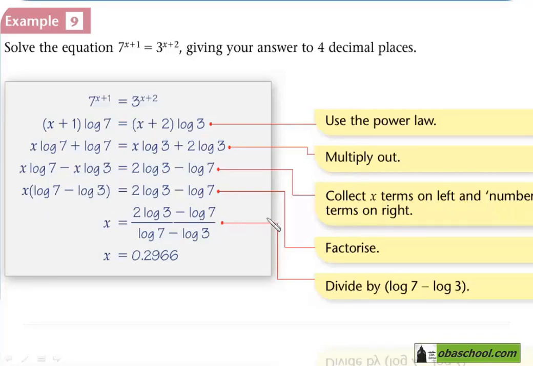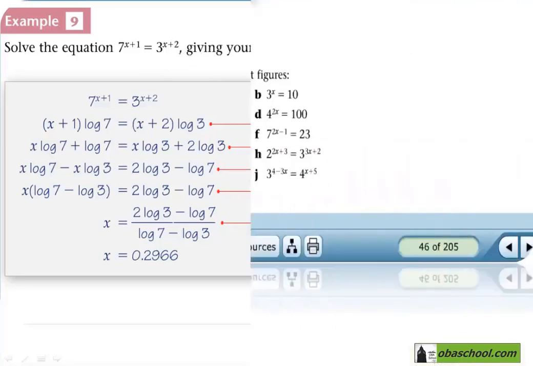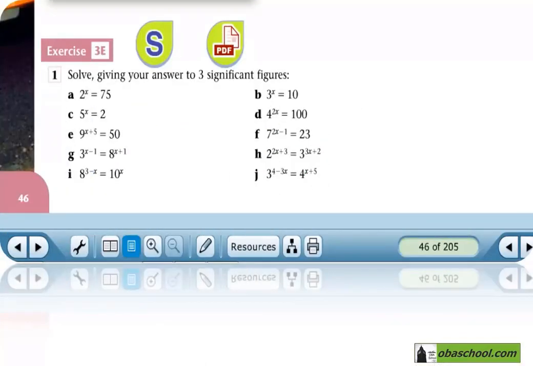You have seen how we used the power law, then we multiplied out, then we collected the x terms, and finally factorized and divided using the calculator, and we managed to find the value of x in this equation, and that is 0.2966.